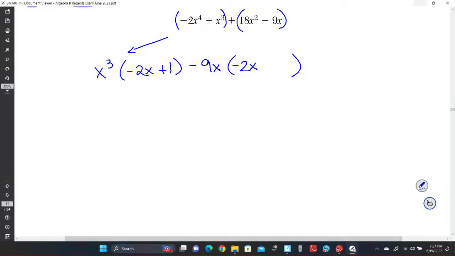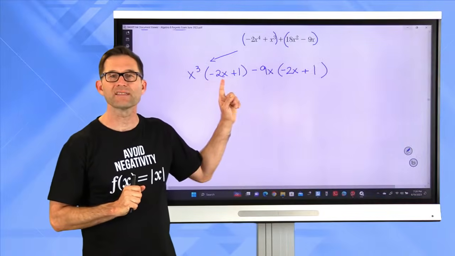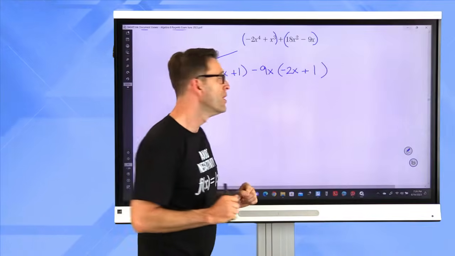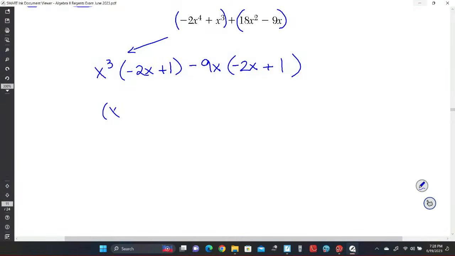That's going to be -2x. And what do I have to multiply -9x by to get -9x? That's going to be a positive 1. So now I see that classic factoring by grouping, and they both have a -2x + 1 there. So I can now say that this is (x cubed - 9x) times (-2x + 1). Hey, there we go.